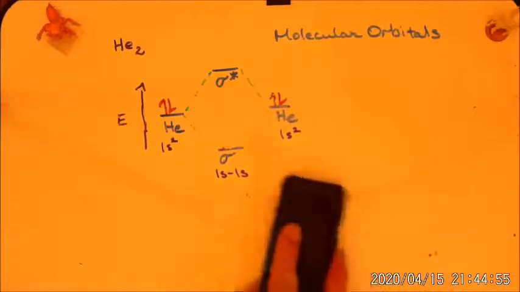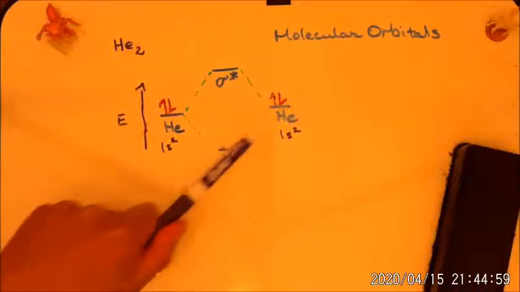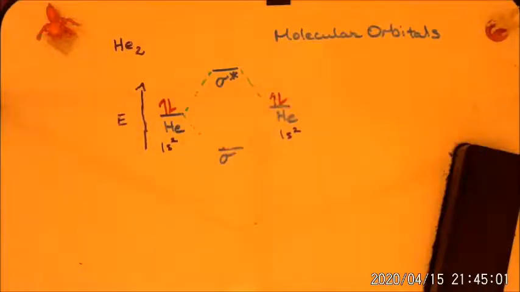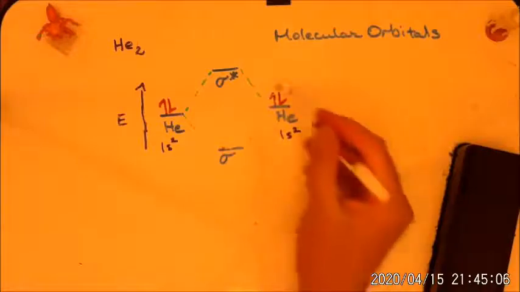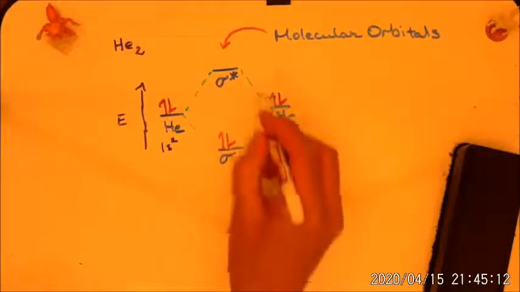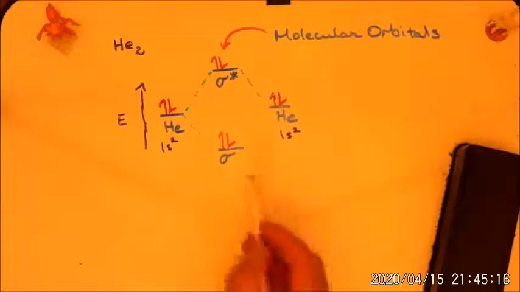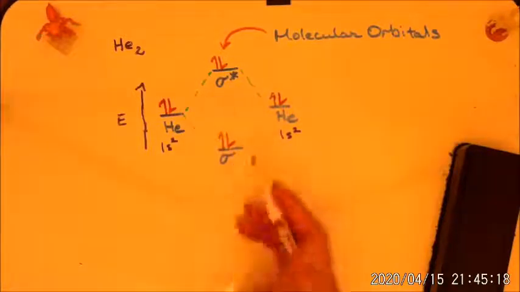Now in this case though, remember we're looking at 1, 2, 3, 4 electrons from our 2 helium atoms. So when we fill in the electrons in our molecular orbitals, 1, 2, 3, 4, you'll find that we filled in both our sigma and our sigma star.